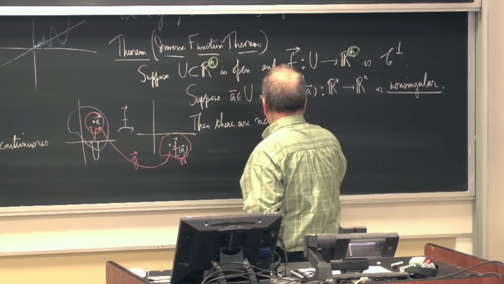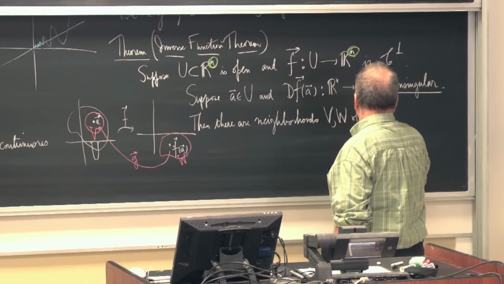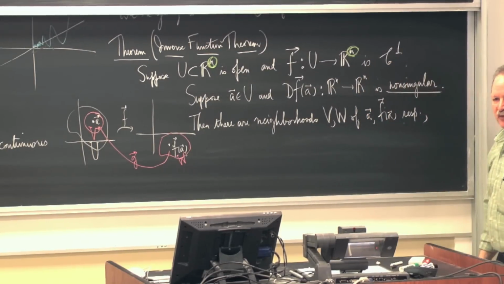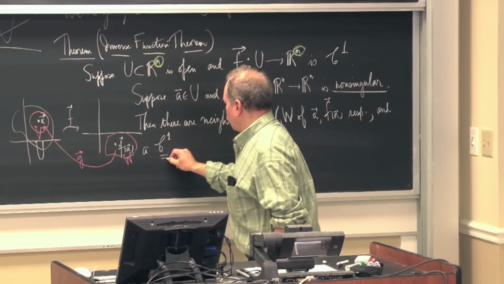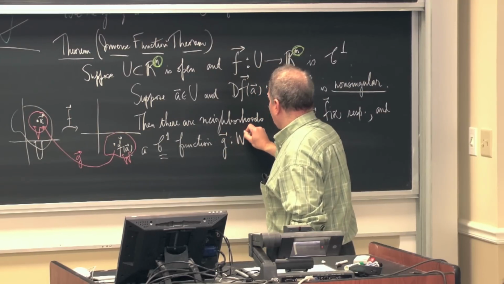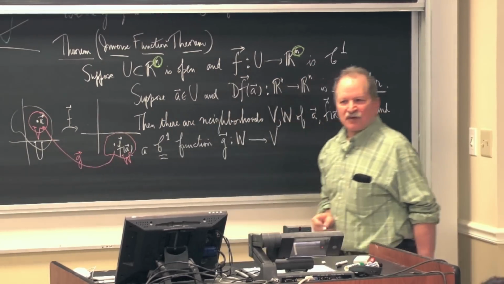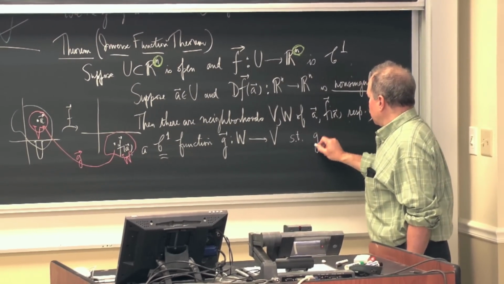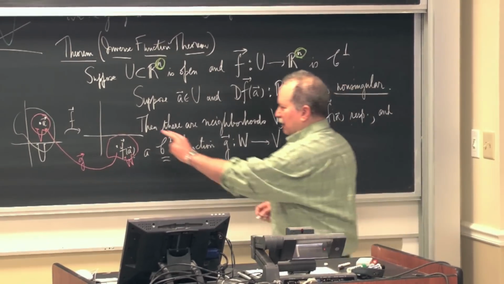So, then there are neighborhoods V and W of A and f of A, respectively, and a C1 function G mapping W back to V, so that G is the inverse of f if you just restrict f to this little set.